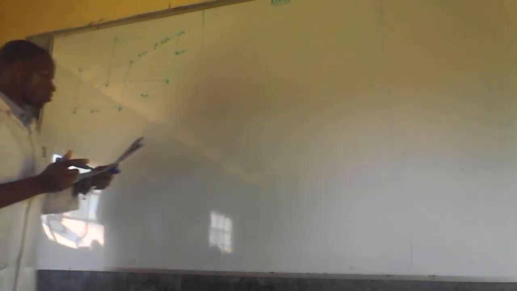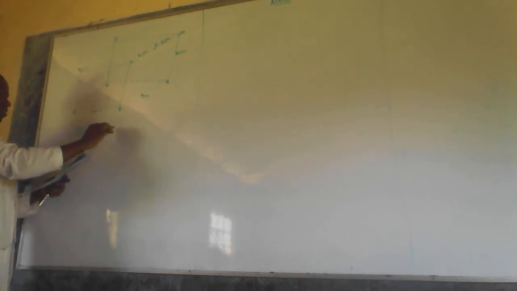You are given the first one, you are to find the length GL. From that one, the instruction you are given, it is to write correct to four significant figures. And this does not apply only to the first question, but it applies to all the questions which you are given there.